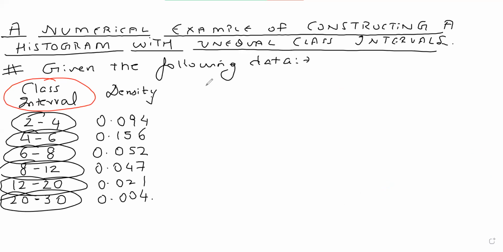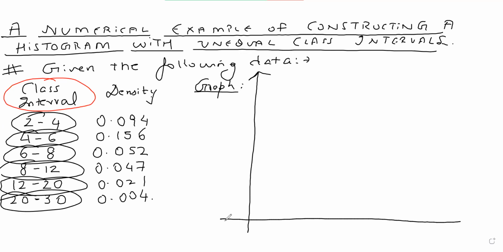Okay, so how will the graph look? Let's draw a graph. This is the origin. I have class intervals on the horizontal axis and densities on the vertical axis.